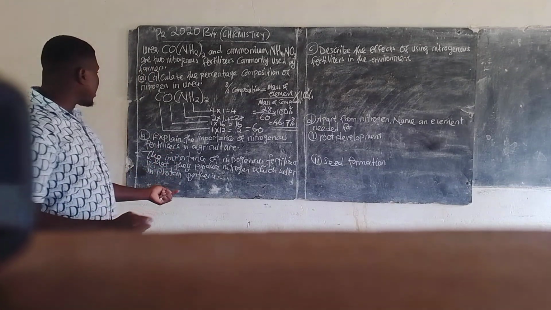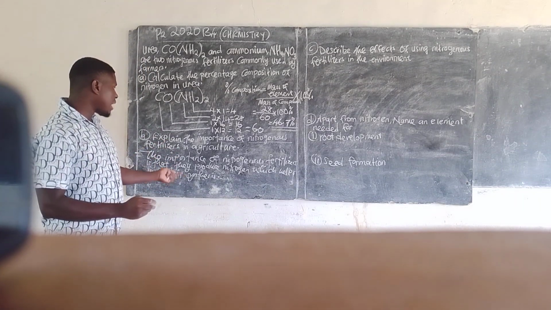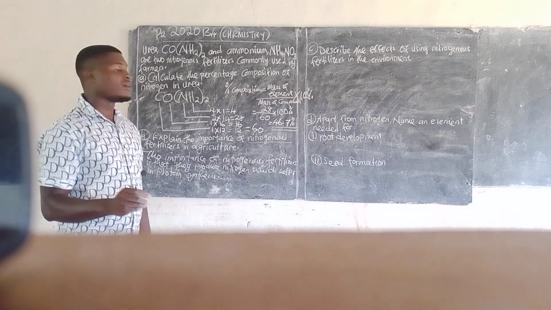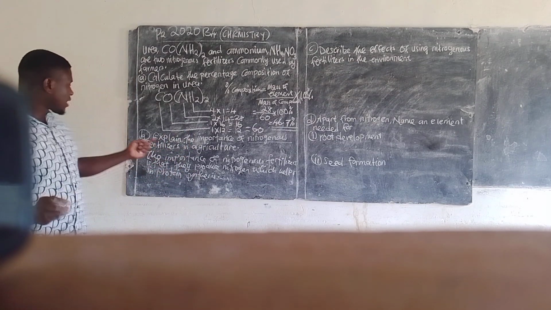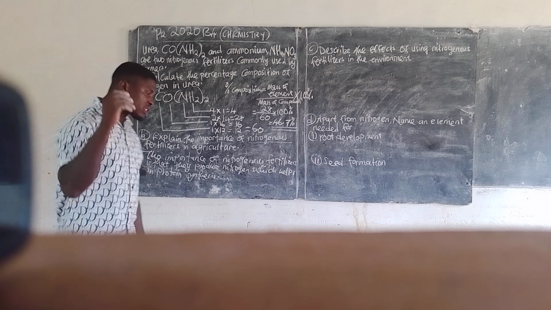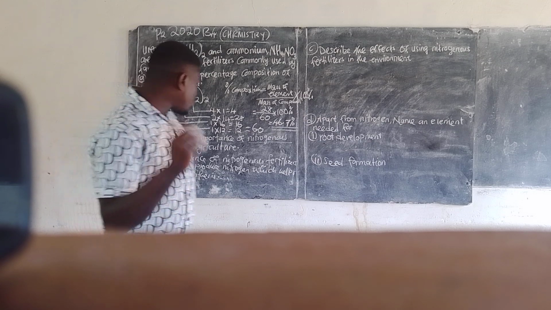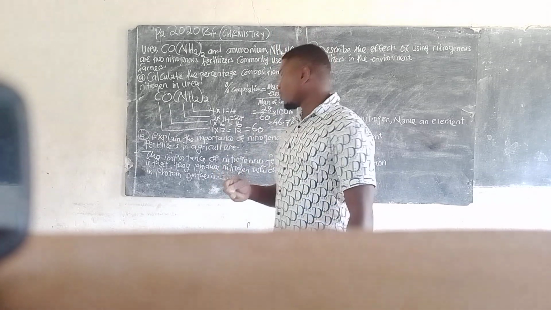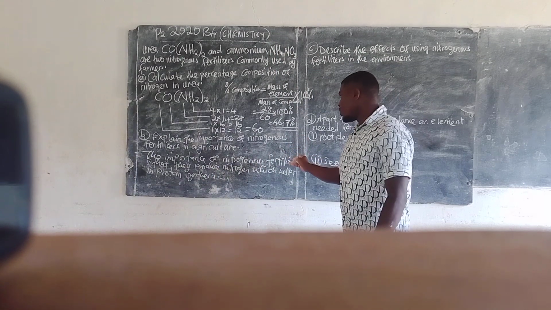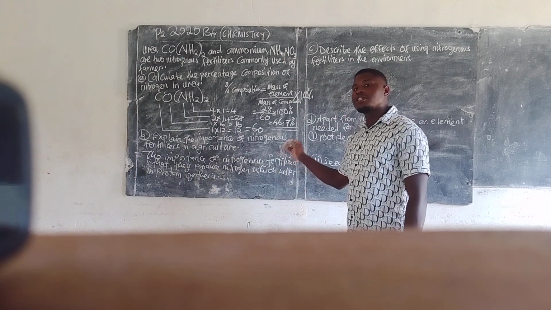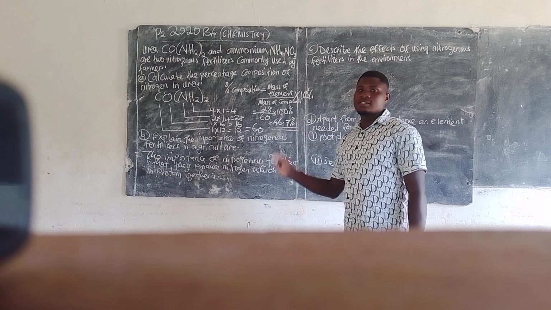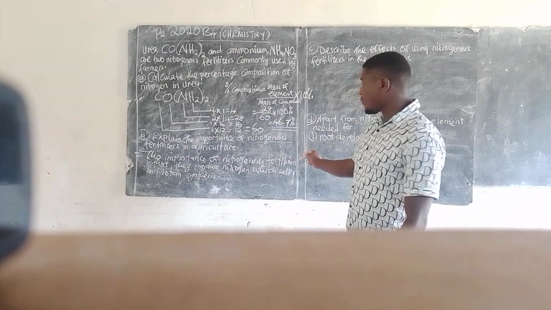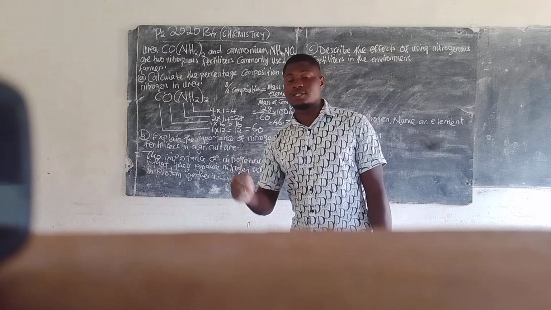So you can just say it produces nitrogen which helps in protein synthesis. So the importance of nitrogenous fertilizers is that they produce nitrogen which helps in protein synthesis. Okay? So they produce nitrogen which is responsible or which helps in making proteins of the plants. It is this type of an element which is responsible.